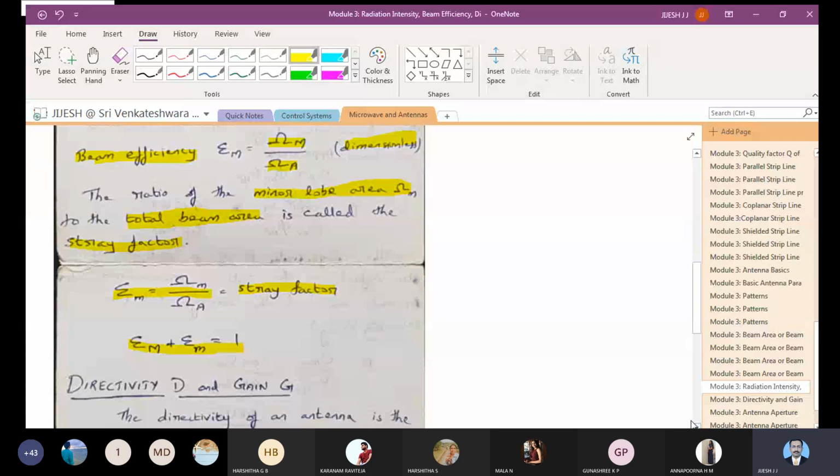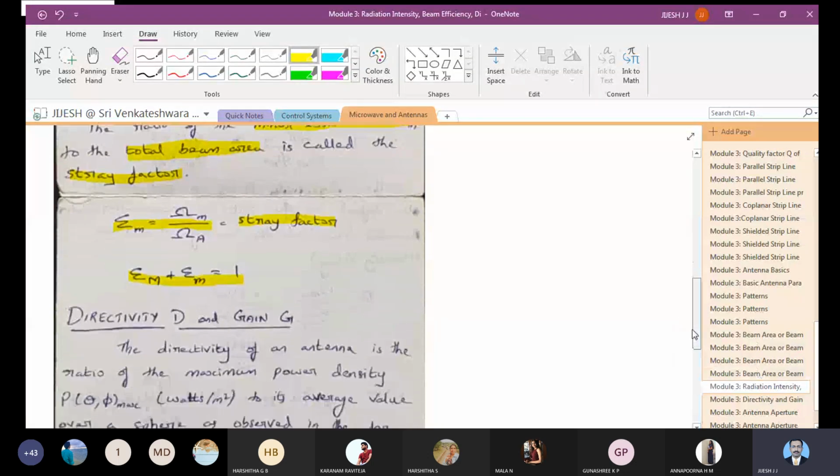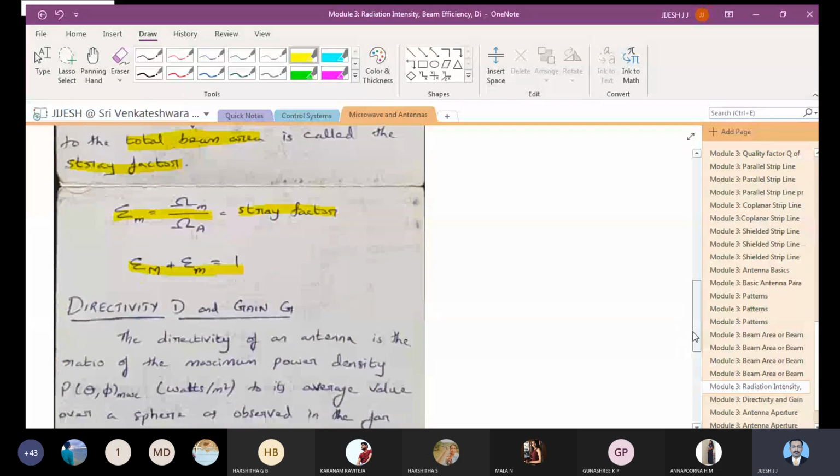Based on the marks, there may be 2 parameters to be explained, or 3 parameters. They will ask you to explain each and every parameter, so you need to write these equations and explain them. It's not that difficult. It's clear for everyone, so let us move further.